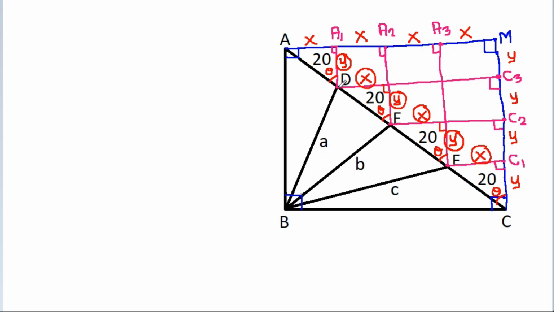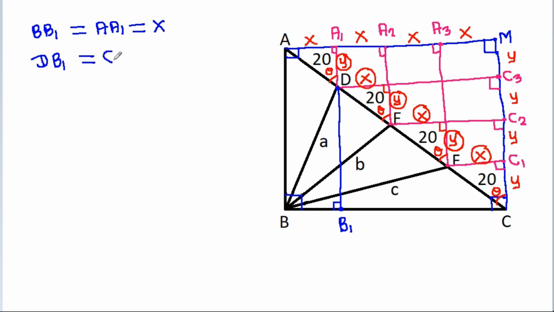Now, if we draw a perpendicular from D on BC, suppose this point is B1. Then BB1 will be equal to AA1, that will be X. And DB1 will be equal to C3, that will be 3Y.